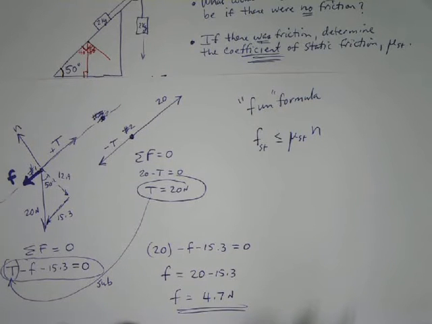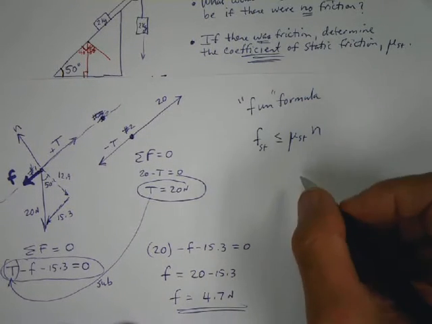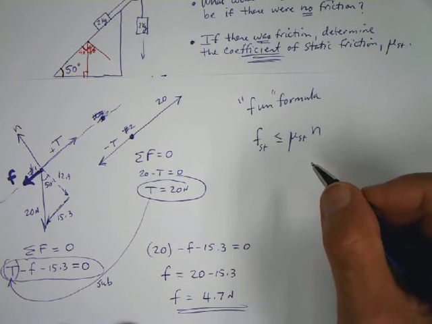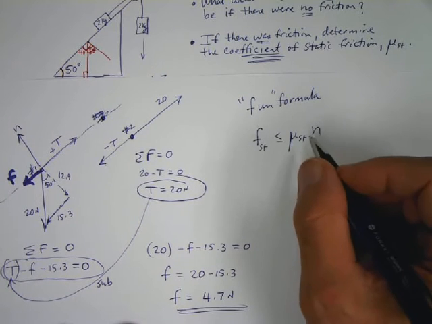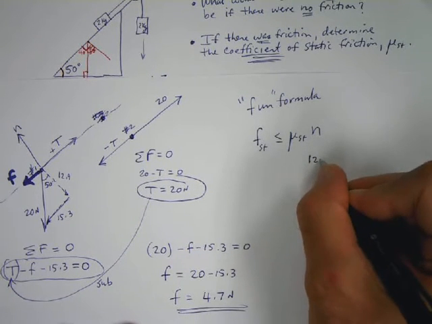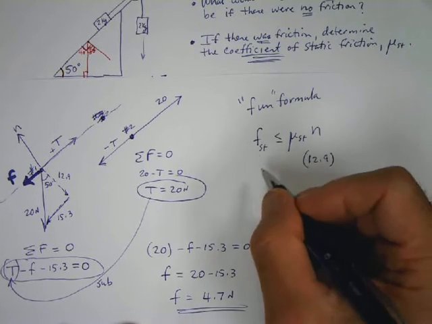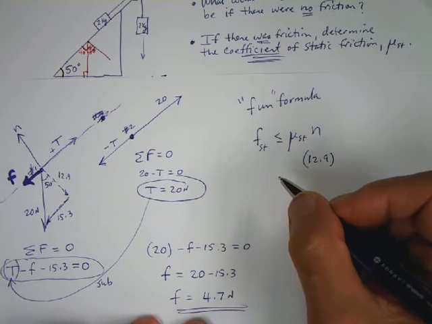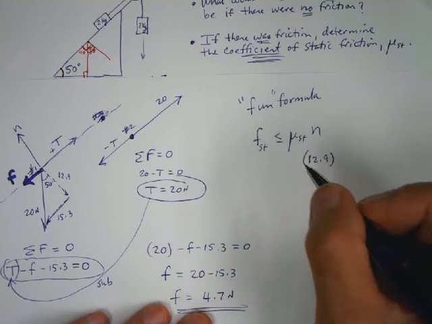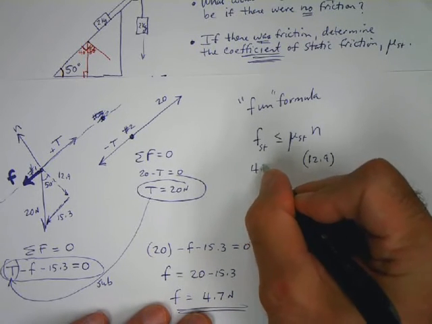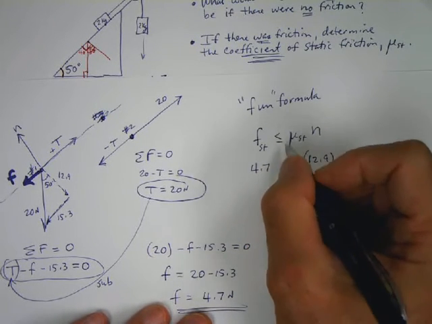Okay, well, what's the normal force? It's 12.9. So I'll put that in for N. And we know that the friction, in order to keep it at static equilibrium, is 4.7 newtons.